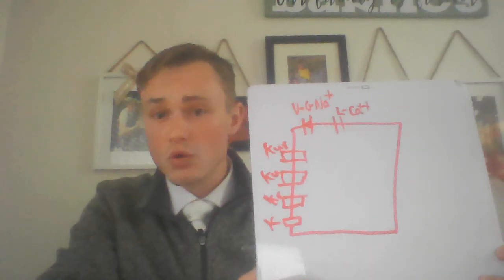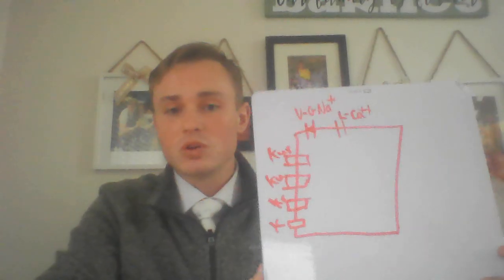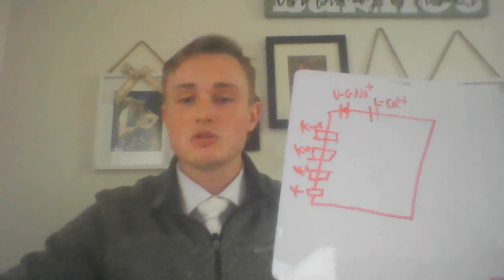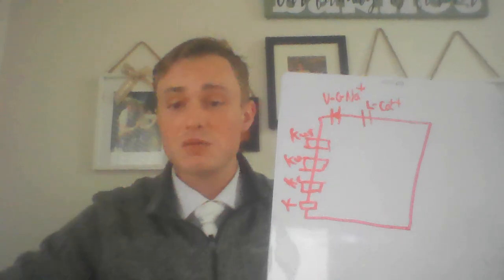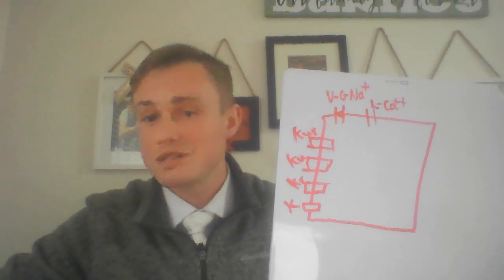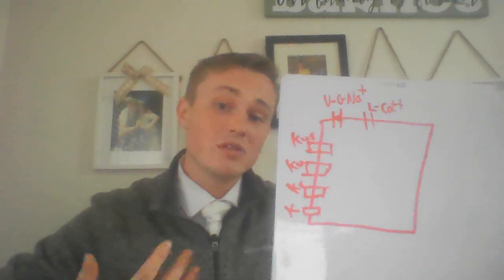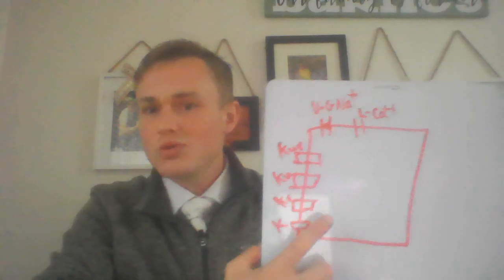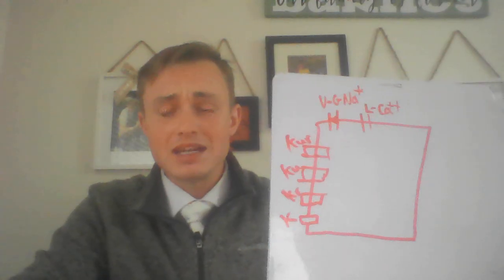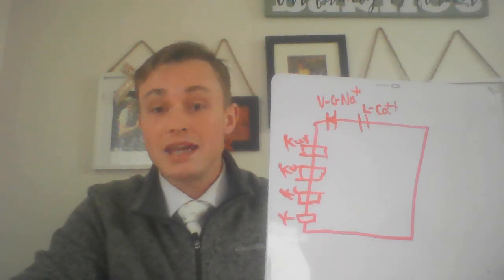which is part of the reason why the resting membrane potential of our cardiomyocytes is so low. If you remember from one of my earlier videos, I talked about neurons. Their resting membrane potential is around -70. A lot of cells in our body don't go much lower than that, but in our heart, we go all the way down to -90, which is quite negative.